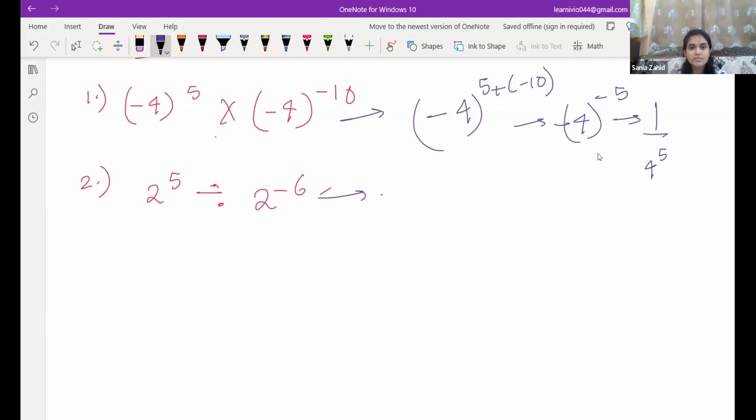So what does it become? 2 raised to 5 minus minus 6, then 2 raised to 5 plus 6, which becomes 2 raised to 11. So 2 raised to 11 is the answer. Kumar, do you understand? Yes, ma'am.